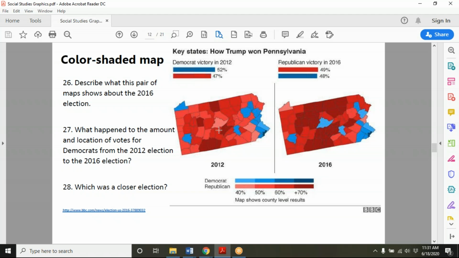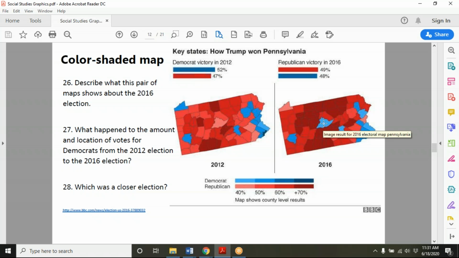Yeah. If you look at the counties that were blue, that were won by the Democrat, it's almost the same, really, between the two. You still have Allegheny County, you have Pittsburgh, you have Erie up north. Actually, Centre County, where State College is, where Penn State University is, it's a college town.